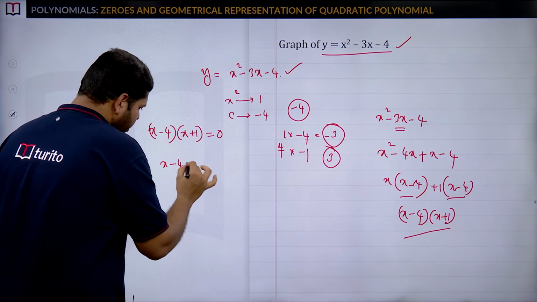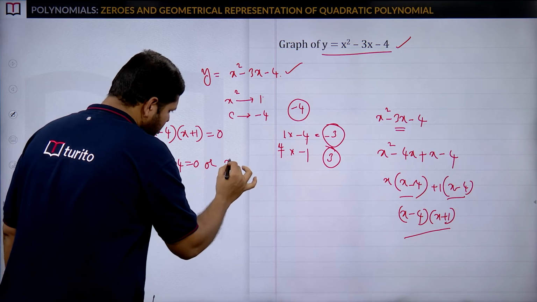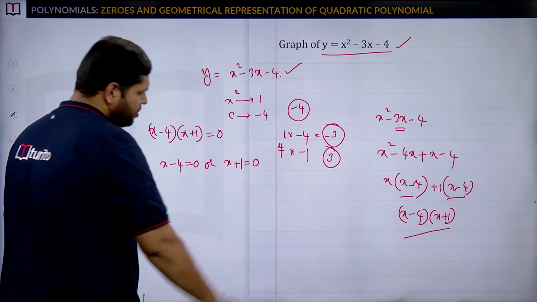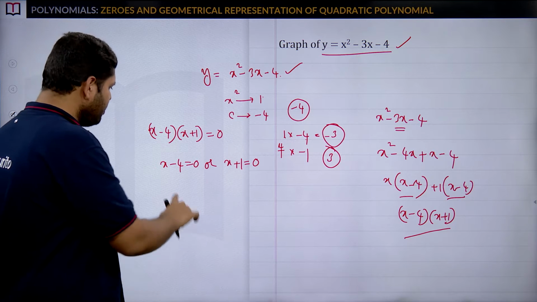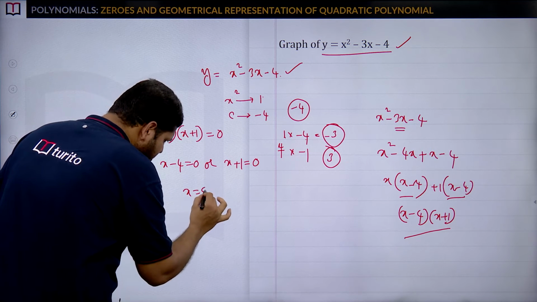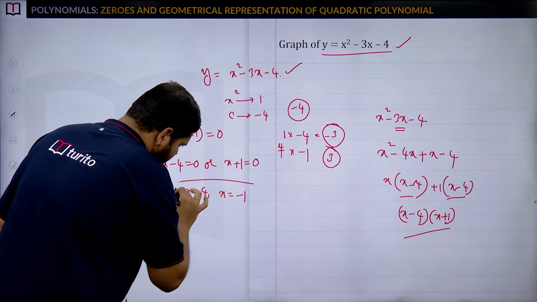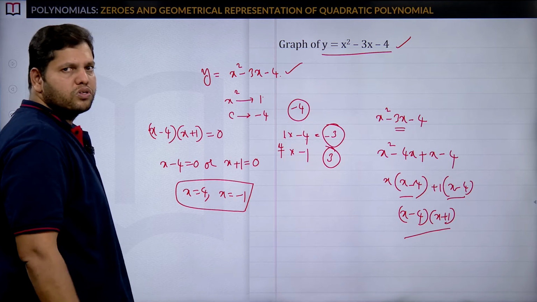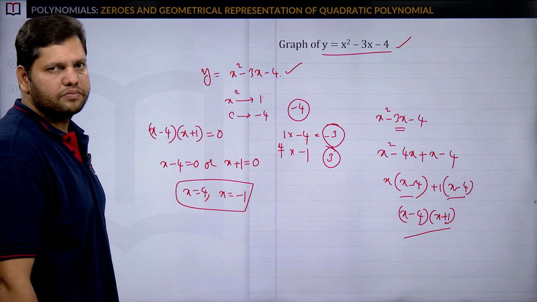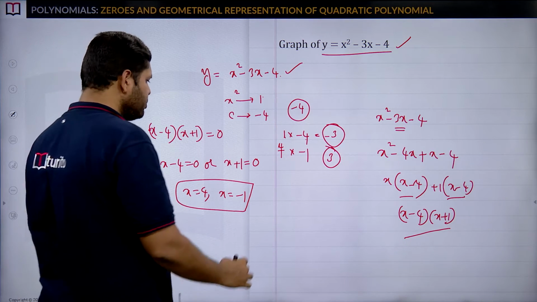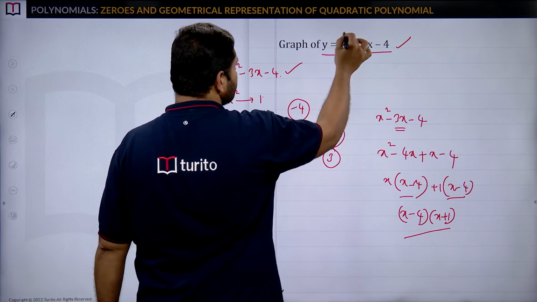So what am I writing? x minus 4 equal to 0 or x plus 1 equal to 0. x minus 4 equal to 0 means the x value here is 4. x plus 1 equal to 0 means the x value is equal to minus 1. So these are the two zeros of the quadratic polynomial. Children, listen here, we got two zeros. Why? Because it is a quadratic polynomial.